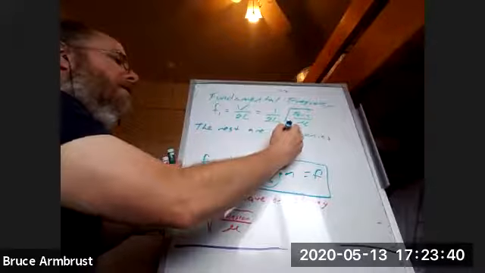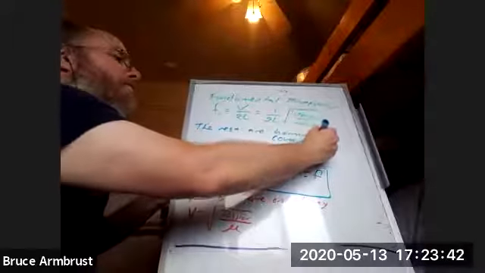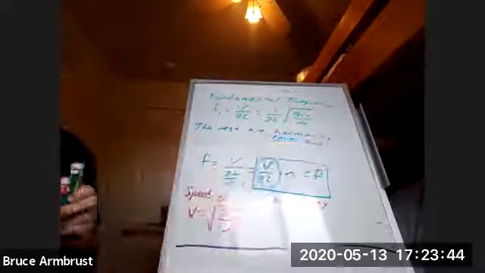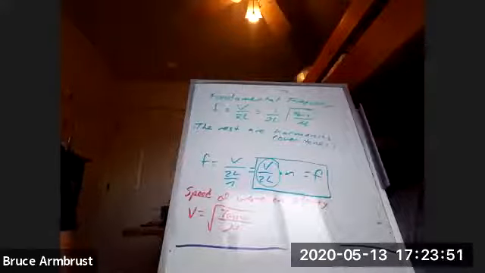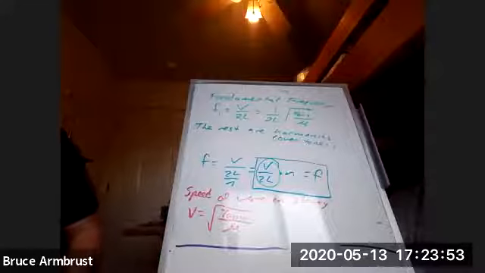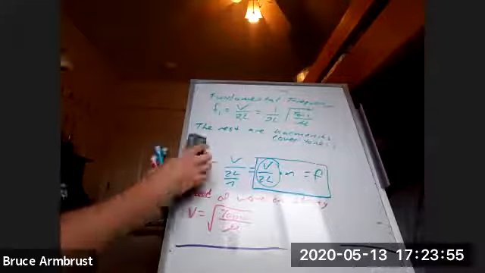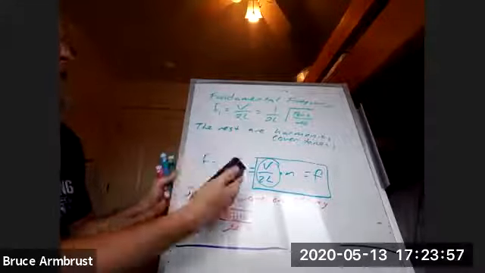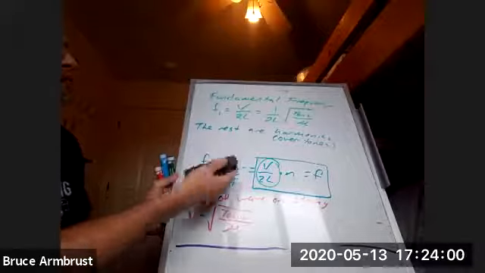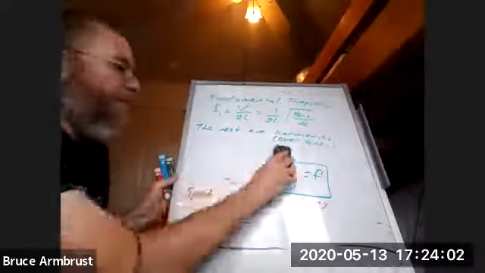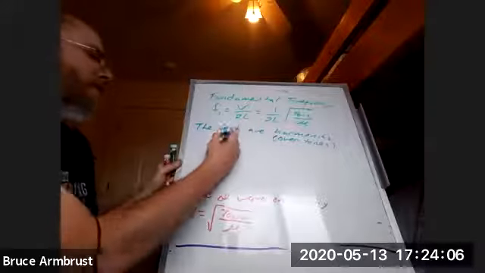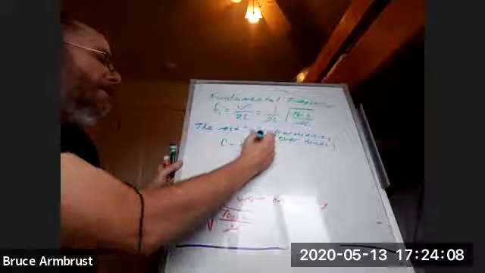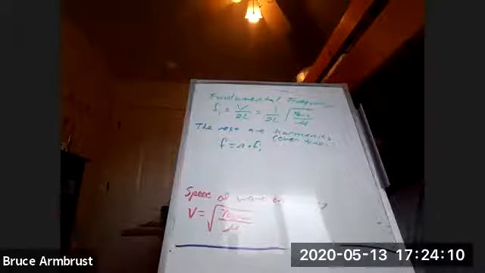Another word you'll sometimes hear are overtones. That's kind of more the musical name for them. But harmonics are overtones. And again, just notice that they are multiples of this fundamental frequency. They're just going to be F equals N times F1.